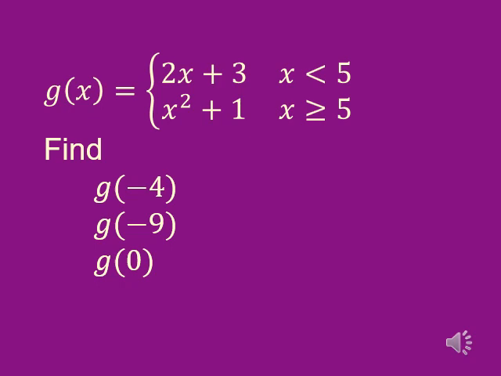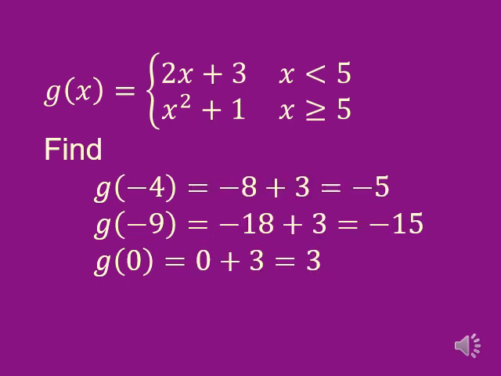Here's the same function, and I'm just asking you to find 3 other answers, g of negative 4, g of negative 9, and g of 0. Every one of these is less than 5.